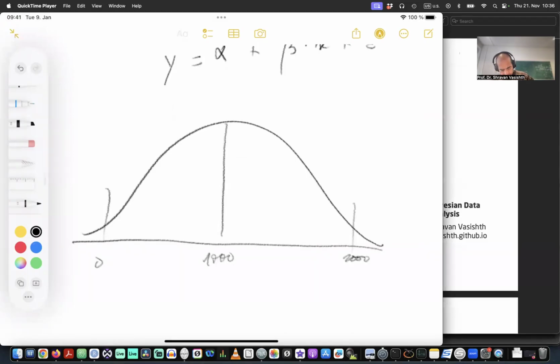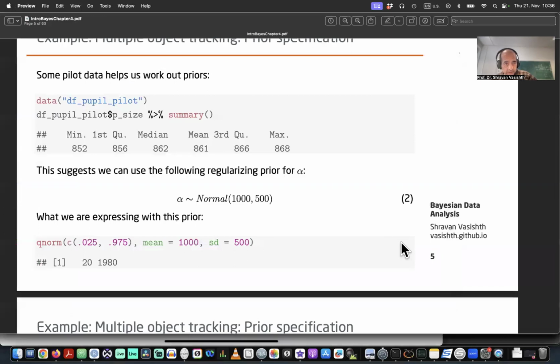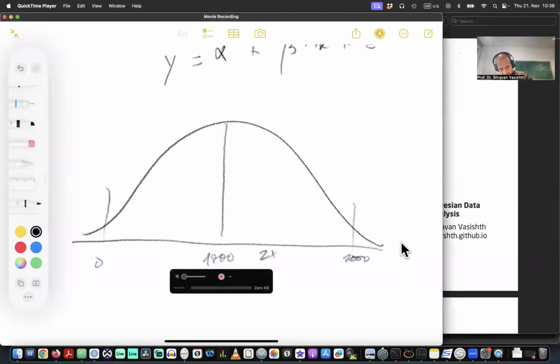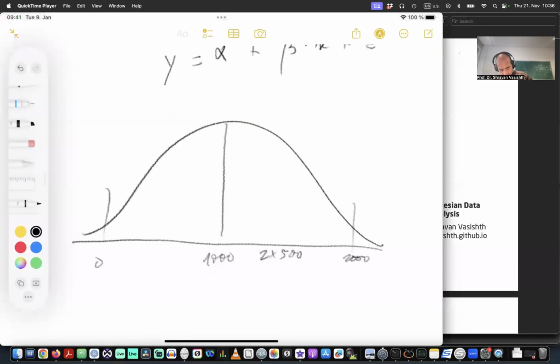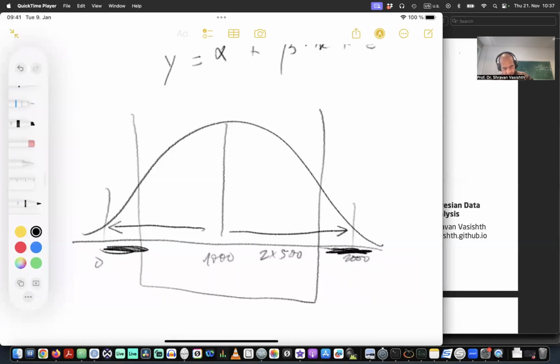Because 2 times 500 gives me 1000. So if I go 2 times 500 this way and minus 2 times 500 this way, I end up at 0 and 2000. That's a regularizing prior in the sense that it downweights such low values and such extremely high values. And so the most likely data will be in this rough range.